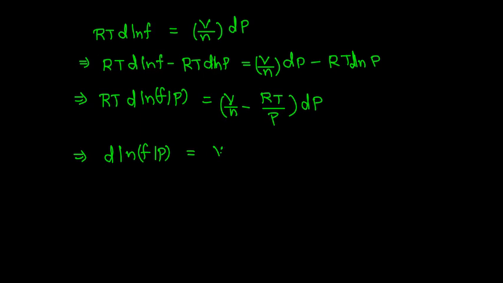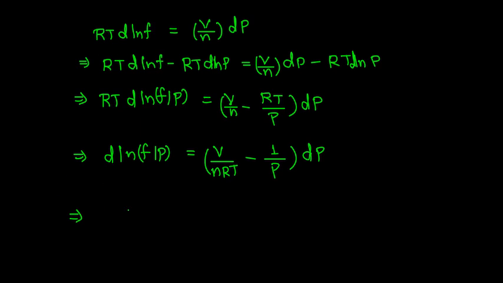Okay, so now I can do a rearrangement, and what I get is d of ln (f over P) equals (V by nRT minus 1 over P) times dP. Okay, and I can do an integration both the sides.